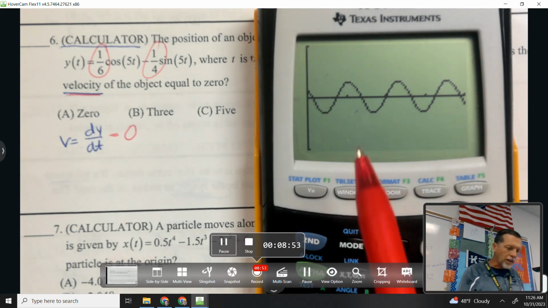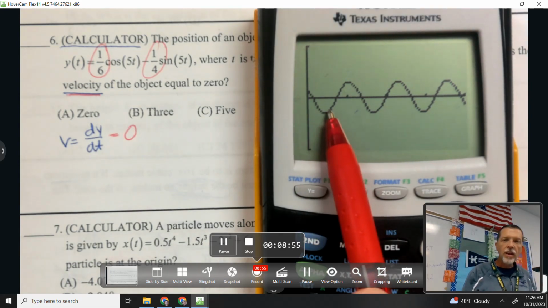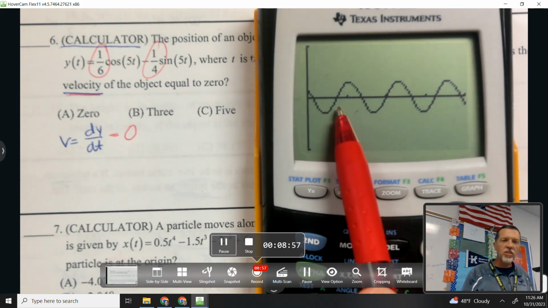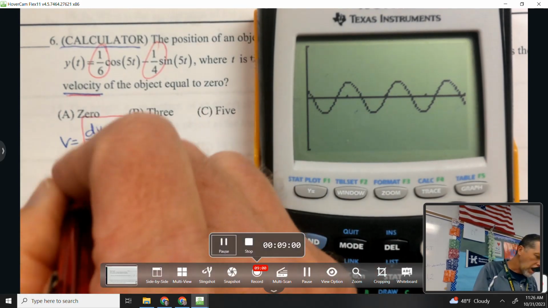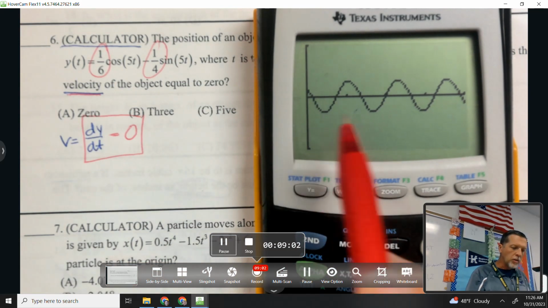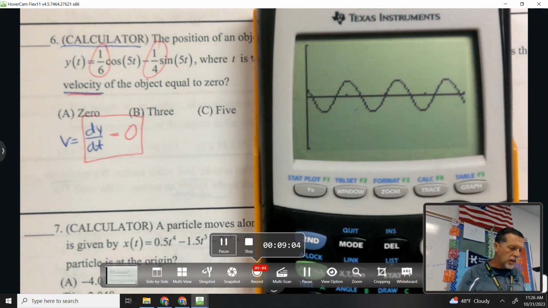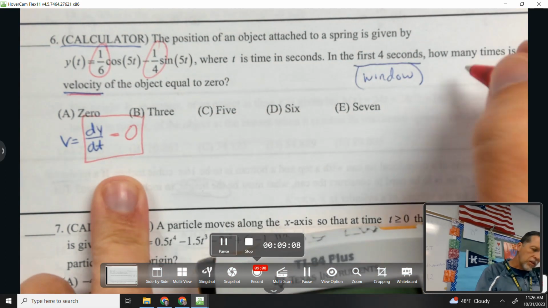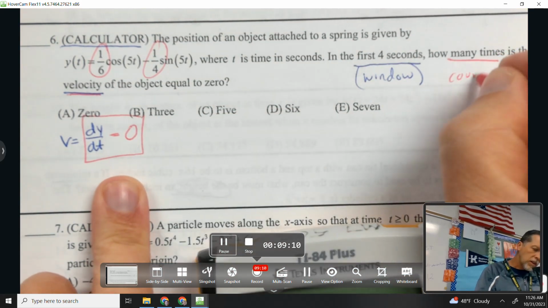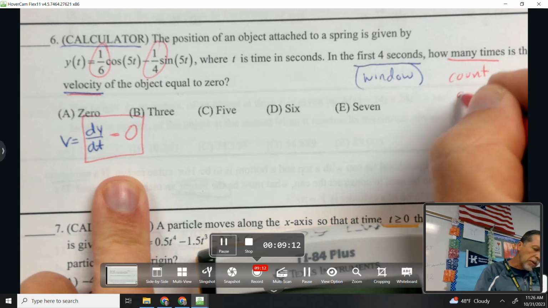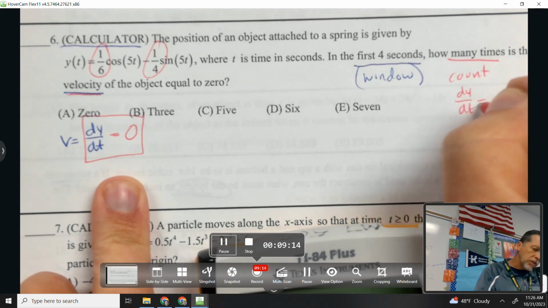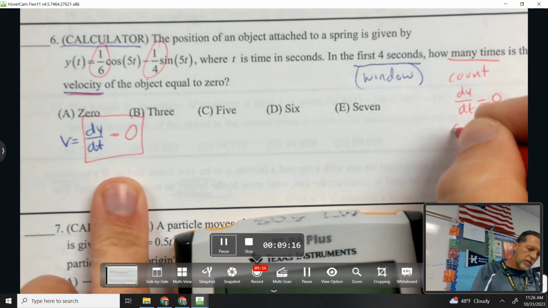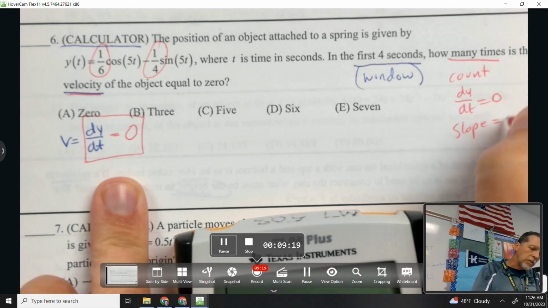So I can just look and see right here the slope changes signs, or I could just phrase it this way: my derivative is 0 at the maximums and minimums. So really I can just count the maximums and minimums. How many times does dy/dt equal 0? So the slope equals 0, and the slope equals 0 at the maximums and the minimums.